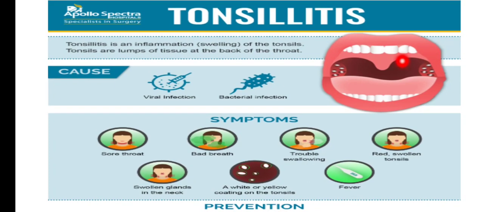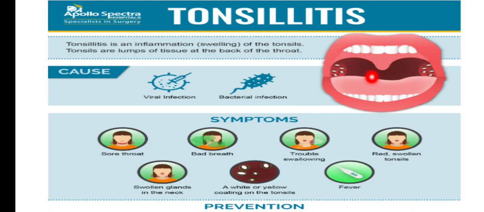You see here that at the back of the throat there are two red shapes. These are actually the tonsils, and they adhere at the back of the throat and have many symptoms, and these tonsils might be viral or bacterial.